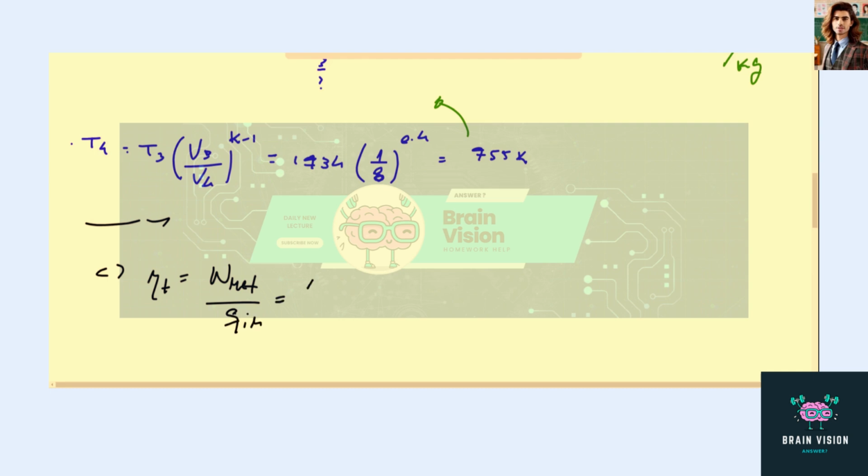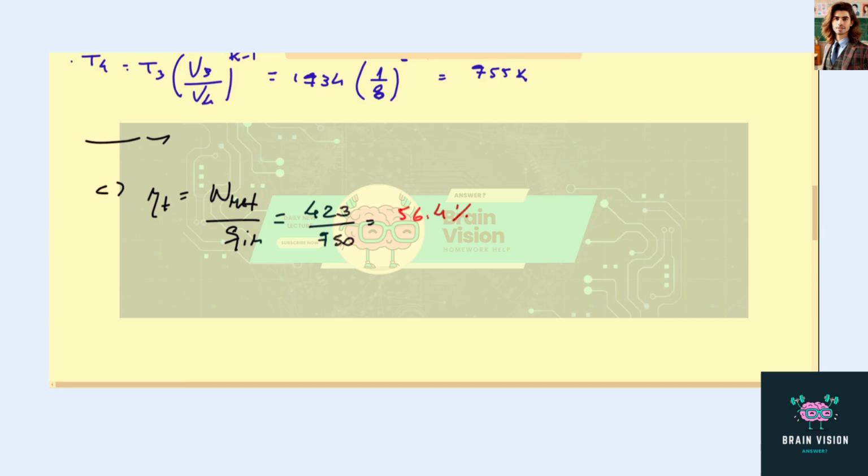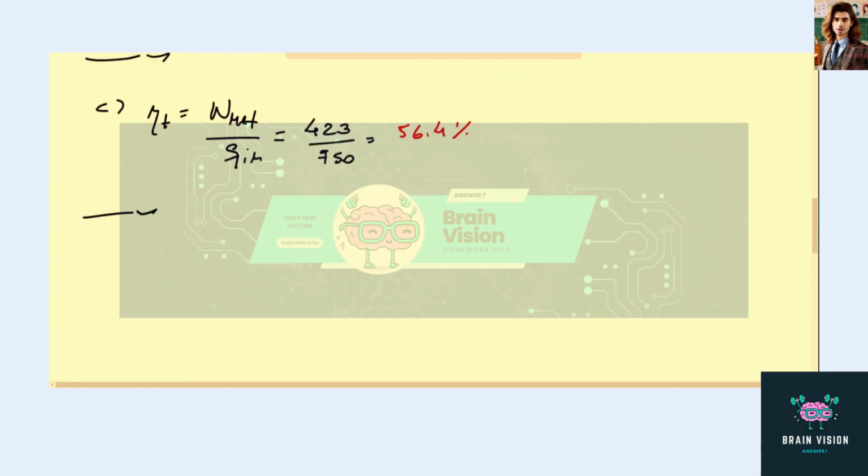Therefore, we have 423 divided by 750, which is equal to 56.4%. Okay, that is not good. Let's rewrite this. 56.4%.